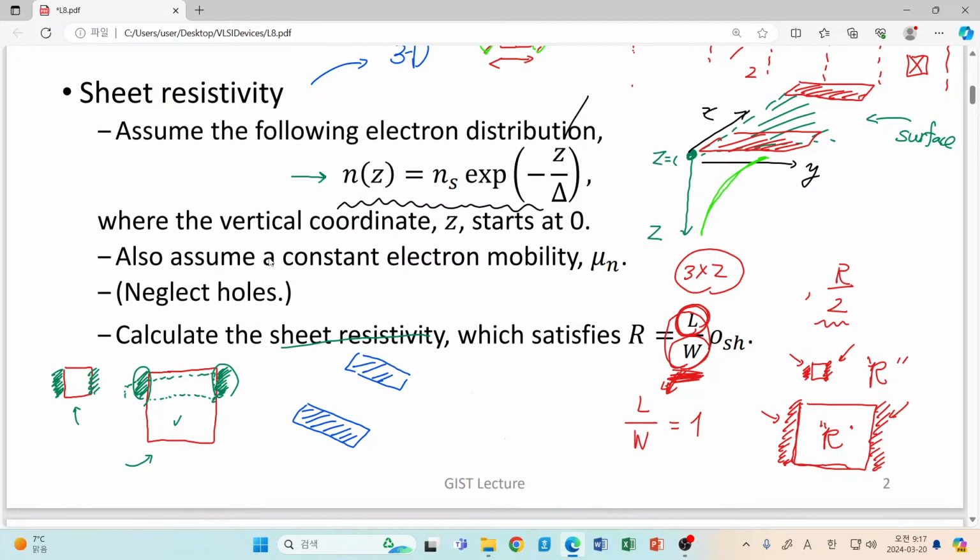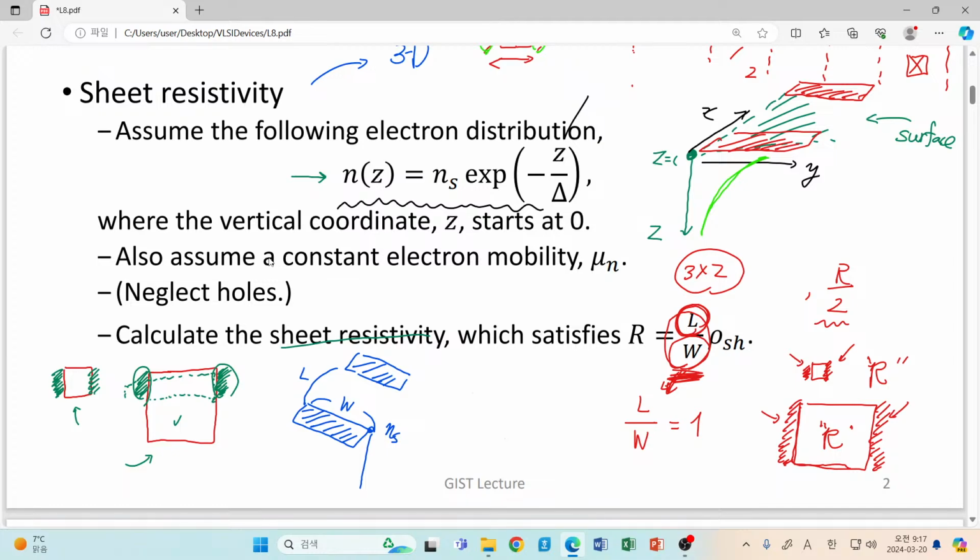So you want to solve for a certain length scale L and a certain length scale W. Then after that you will try to do something. The electron density is exponentially decaying from this position, starting from NS. That will be your typical starting point.